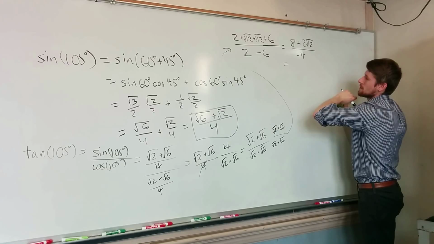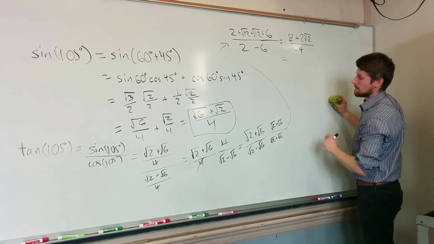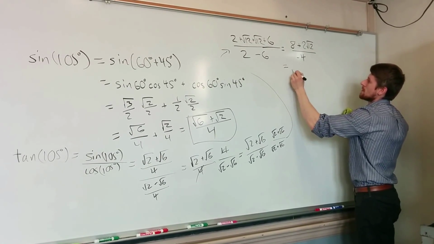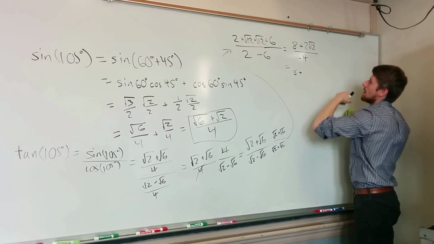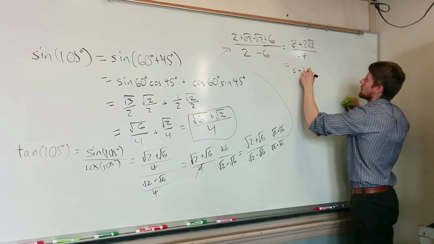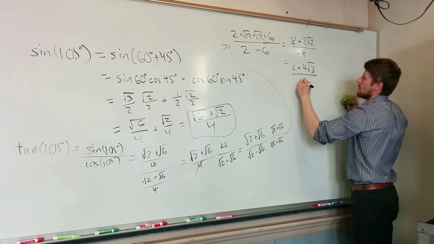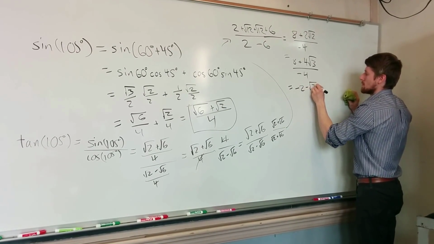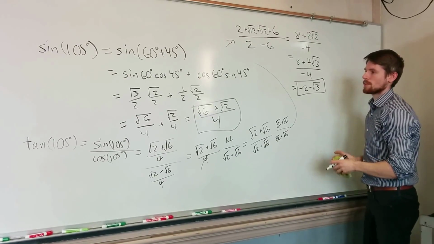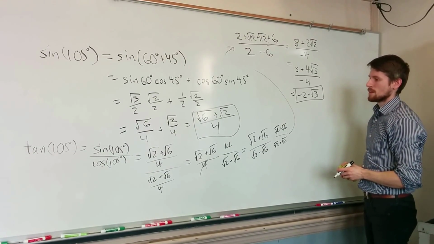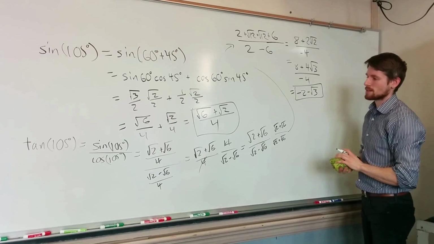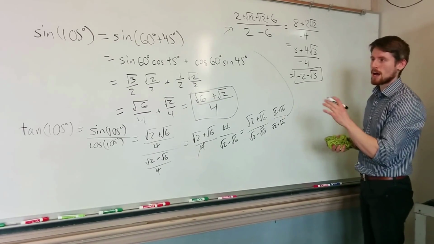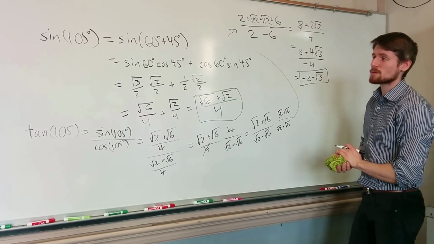And then I need to do a little bit more work here. 2 root 12 is actually equal to 4 root 3, so this is 8 plus 4 root 3 over negative 4, which is negative 2 minus root 3. That's my answer for the tangent of 105 degrees. And again, I can use a calculator to double check that this is actually what the tangent equals. And that's how you find exact expressions for these angles that we haven't been able to find.